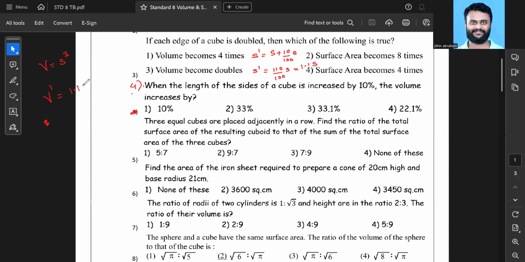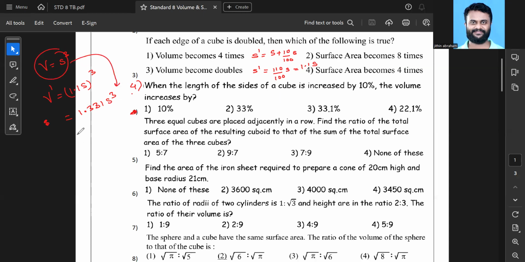So 1.1 side cube will be the new volume. Now, obviously cube goes for both. 1.1 cube is how much? 1.331 side cube.